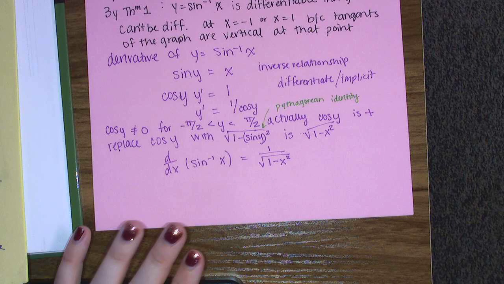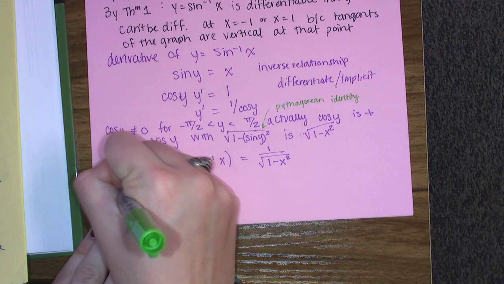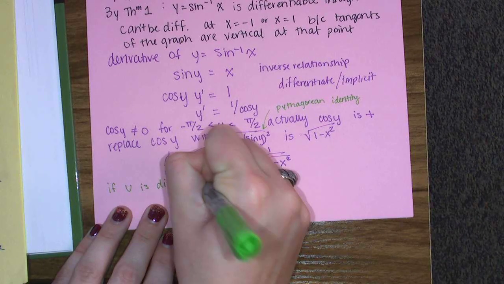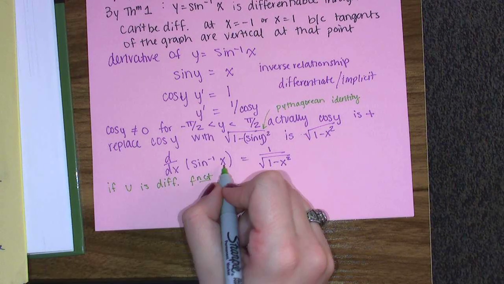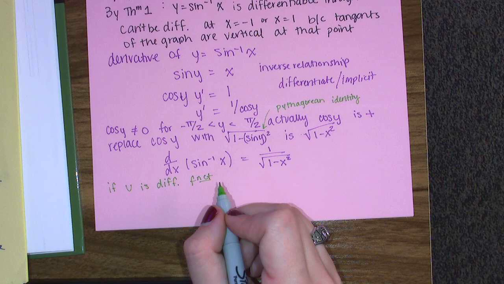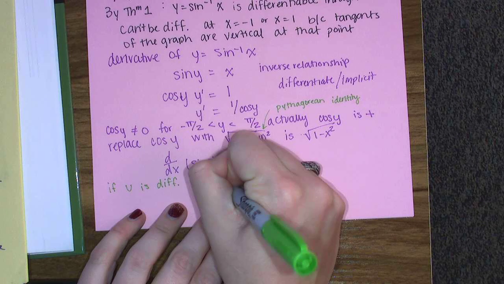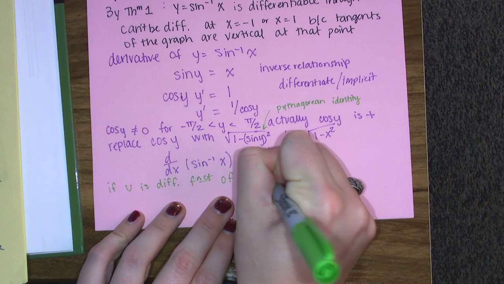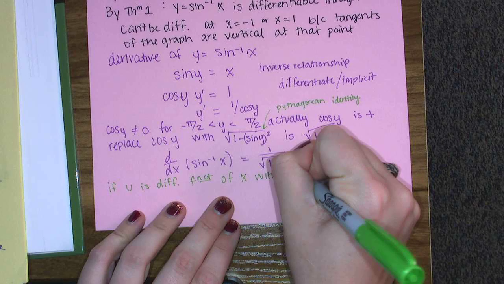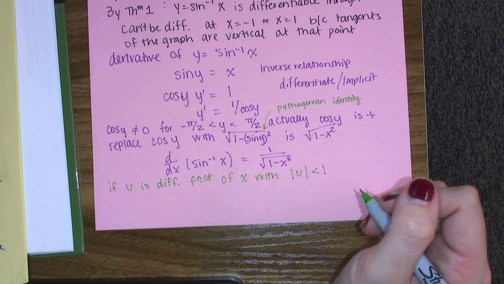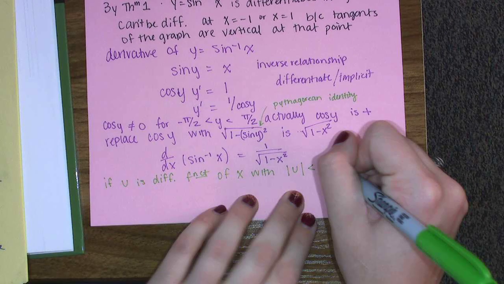So then generalized, basically, if u is a differentiable function, meaning that's what's going to go here for x. Like if we have x squared minus 5, that's a differentiable function. So if it's a differentiable function of x with the absolute value of u being less than 1, we apply the chain rule.